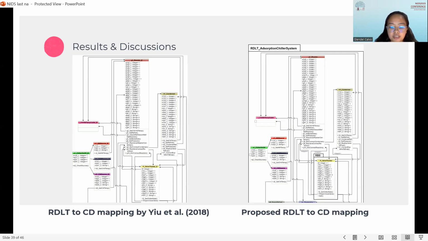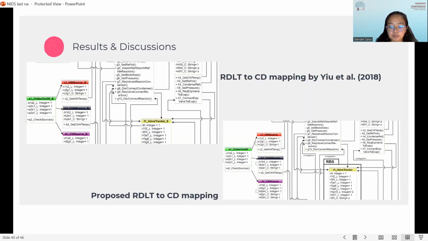The noticeable difference is the use of package to define visibility boundaries for both RDLT and RBS, which is introduced in the study. The use of packages is functional in grouping together the related elements and provides a more organized view on the mapping.